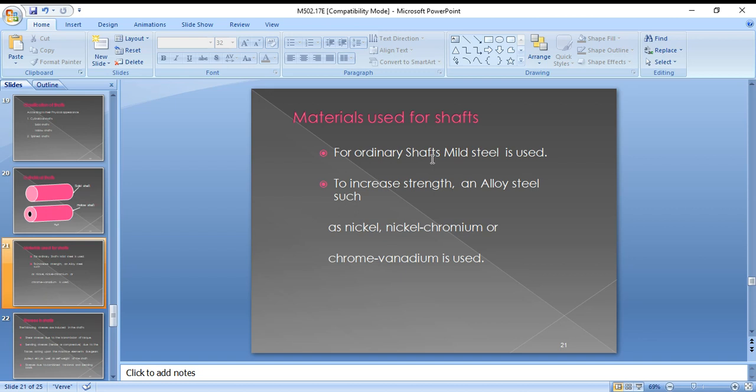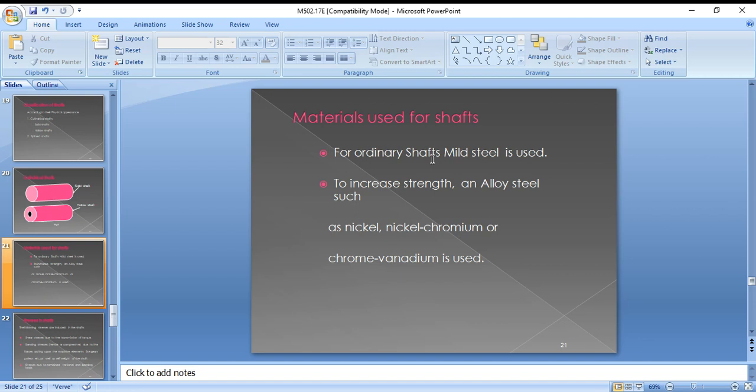For high requirements, we use alloy steels. So there are two types of materials we generally use: low carbon steels, plain carbon steels, and alloy steels. For ordinary shafts which have low strength, mild steel can be used. For high strength requirements, we use alloy steel.